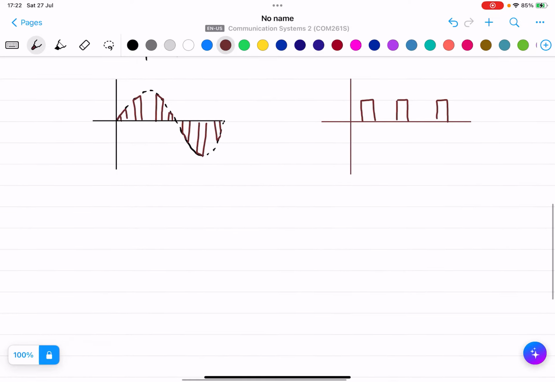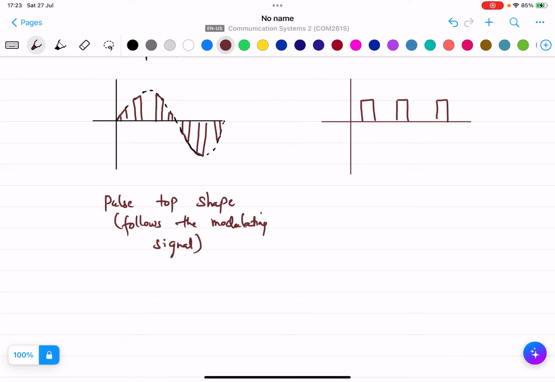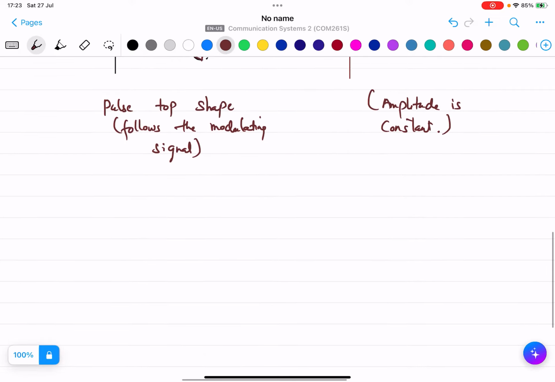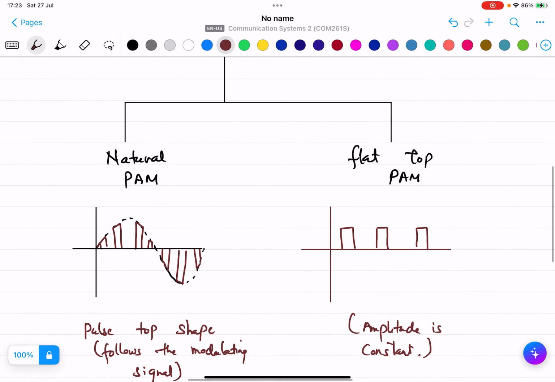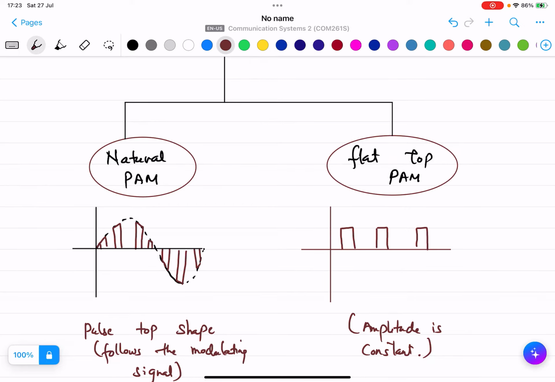So I can write: the pulse top shape follows the modulating signal, and in this the amplitude is constant. So these are the two types: the natural PAM and the flat top PAM.